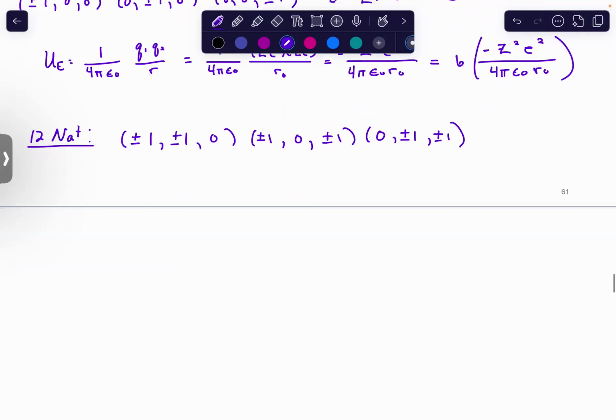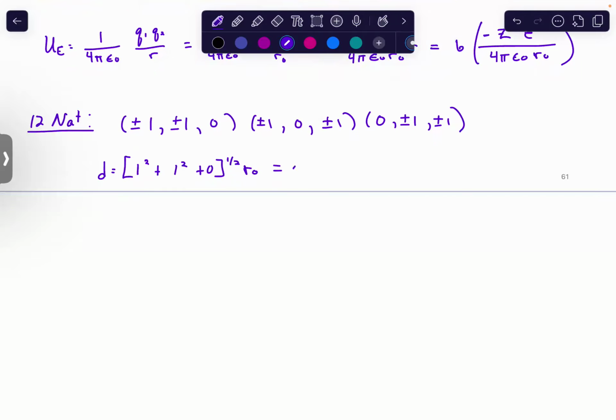So the distance to each one of those, let's just say 1 squared plus 1 squared plus 0. So that's going to be your distance to each one of those.